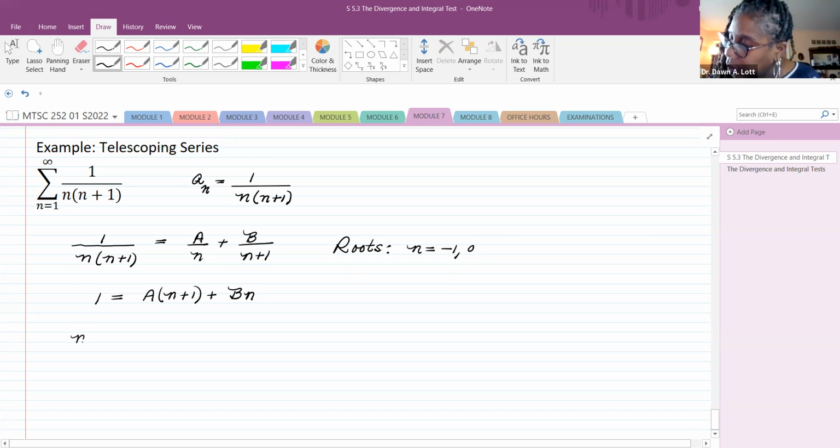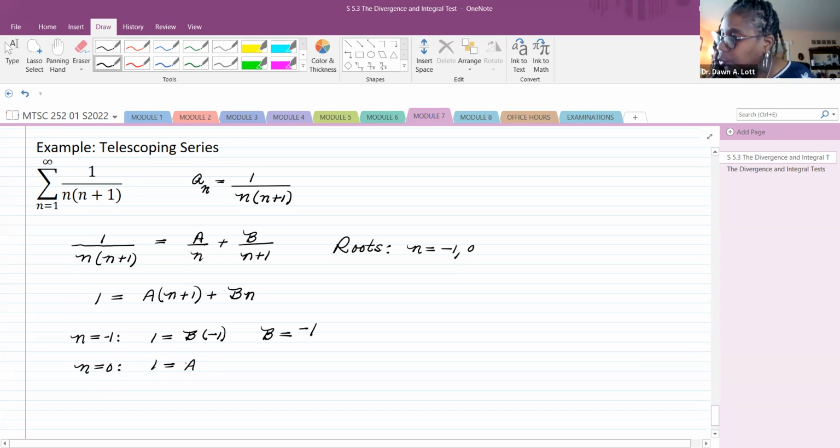So we're going to use n equal to -1. I get 1 is equal to B times -1. So B is -1. And then I do n equals 0, and I get 1 is equal to A times 1. So A is 1. Okay.